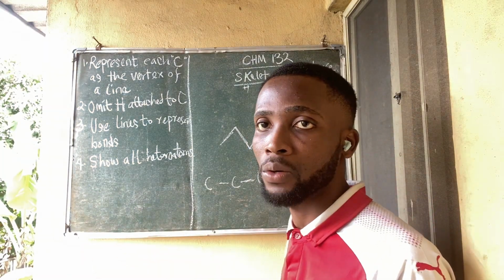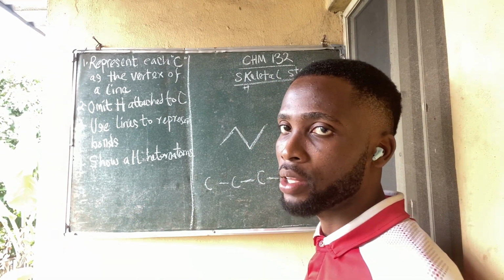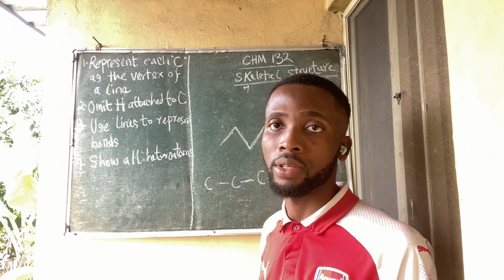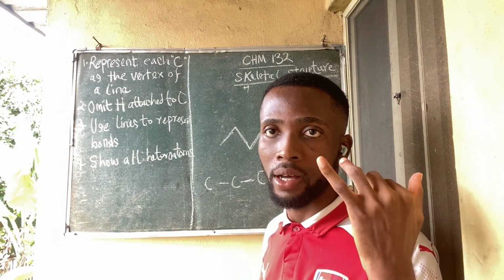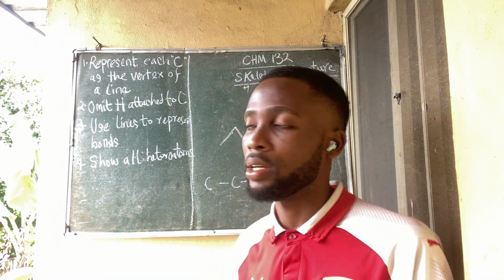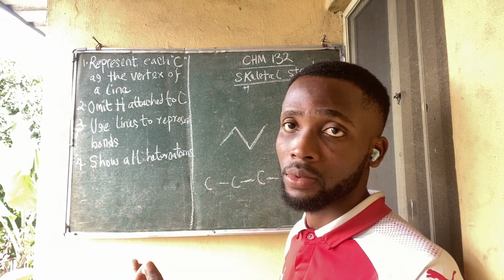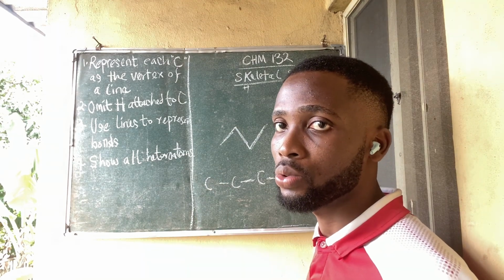Rule number 4 says show all heteroatoms. Heteroatoms are just basically those atoms that are neither carbon nor hydrogen. So any other atom at all that is not carbon, that is not hydrogen, you're actually going to show them.